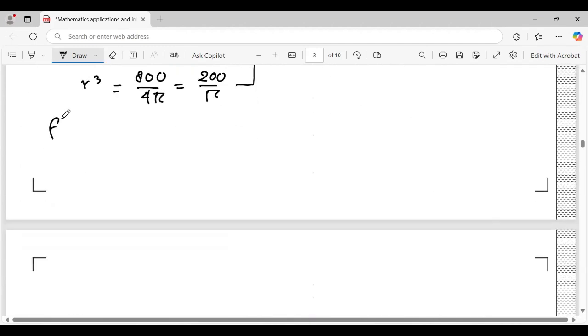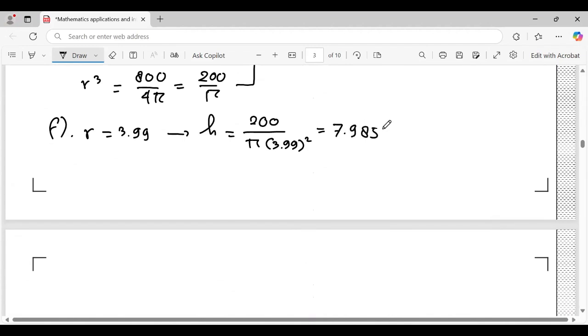If R equals 3.99, we can find H equals 200 over pi R squared, which is pi times 3.99 squared. If you calculate, the result is 7.9858, or rounded off, 7.99 centimeters.